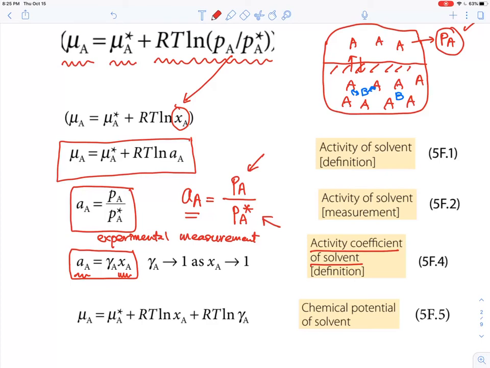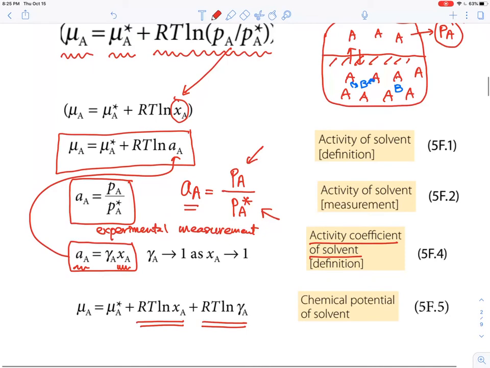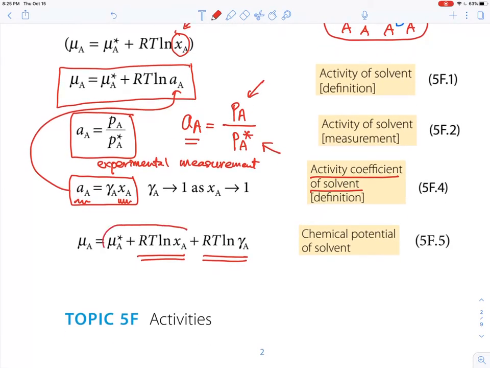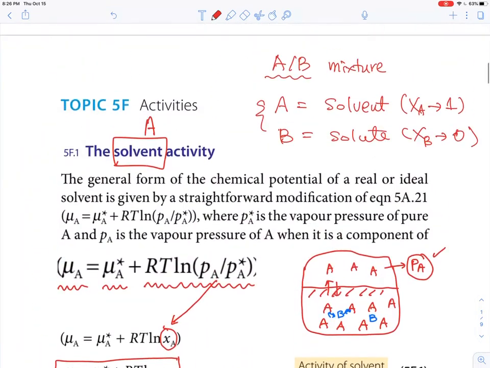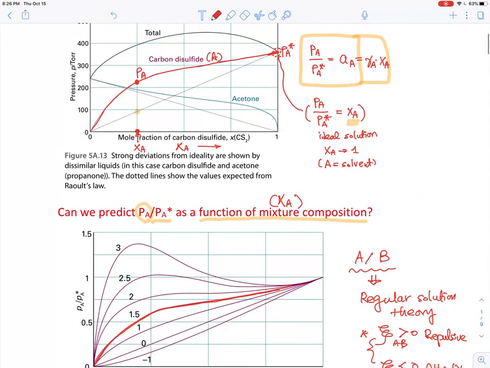By plugging this value in, you can take this component out, and what remains looks like the chemical potential as if A behaved like an ideal solution, and then this is a correction factor. So this is essentially a correction factor to understand the actual chemical potential of A.